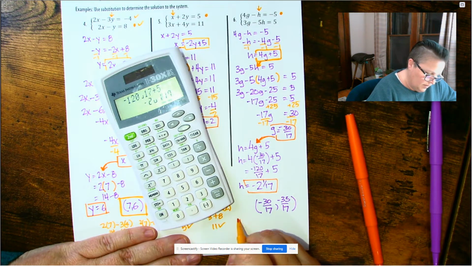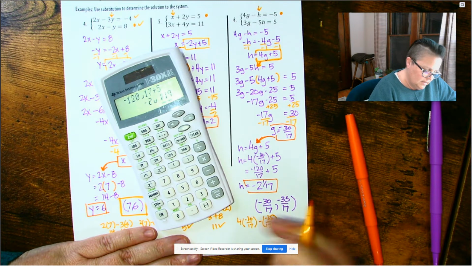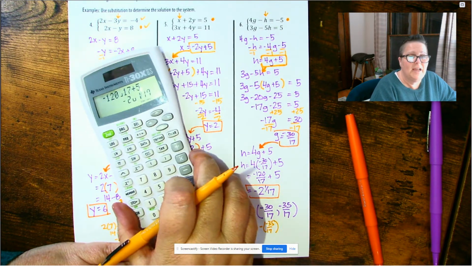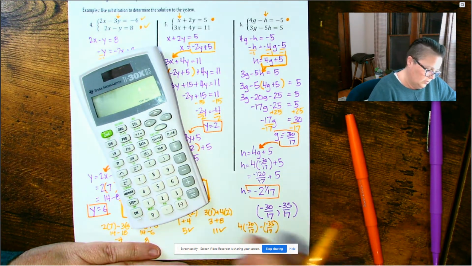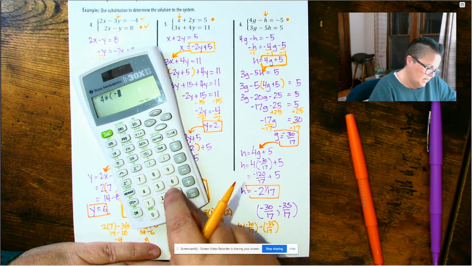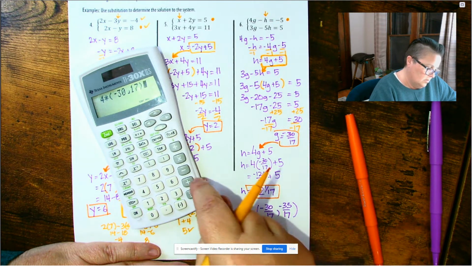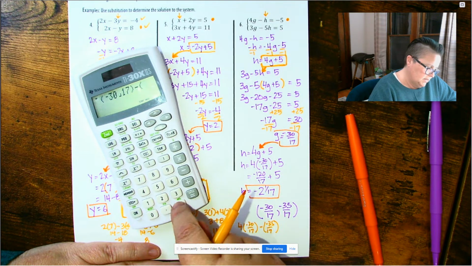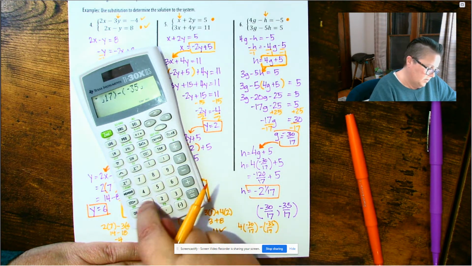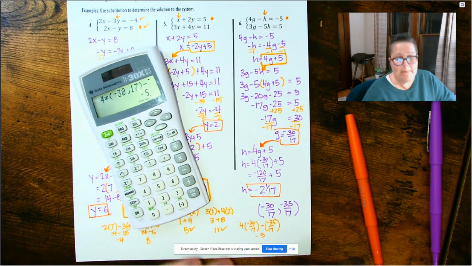Okay, so that's going to be 4 times negative 30 over 17 minus a negative 35 over 17. And I am thankful for fraction buttons on calculators. So I've got 4 times, parentheses, negative 30 over 17, minus, parentheses, negative 35 over 17. I got a negative 5.